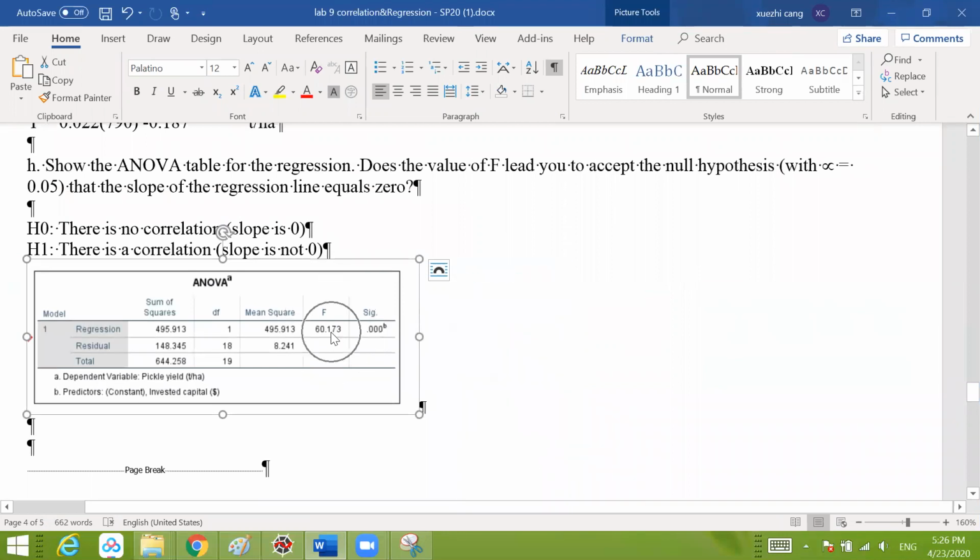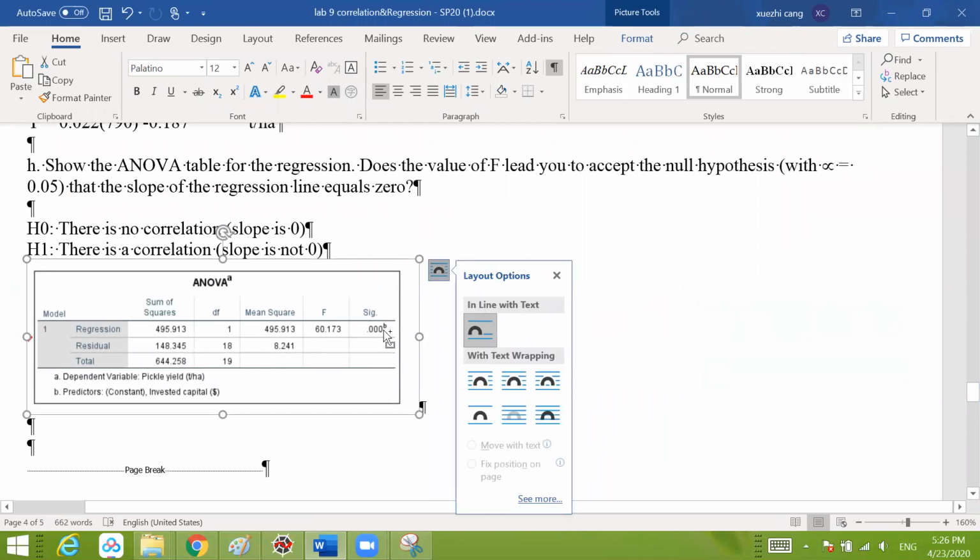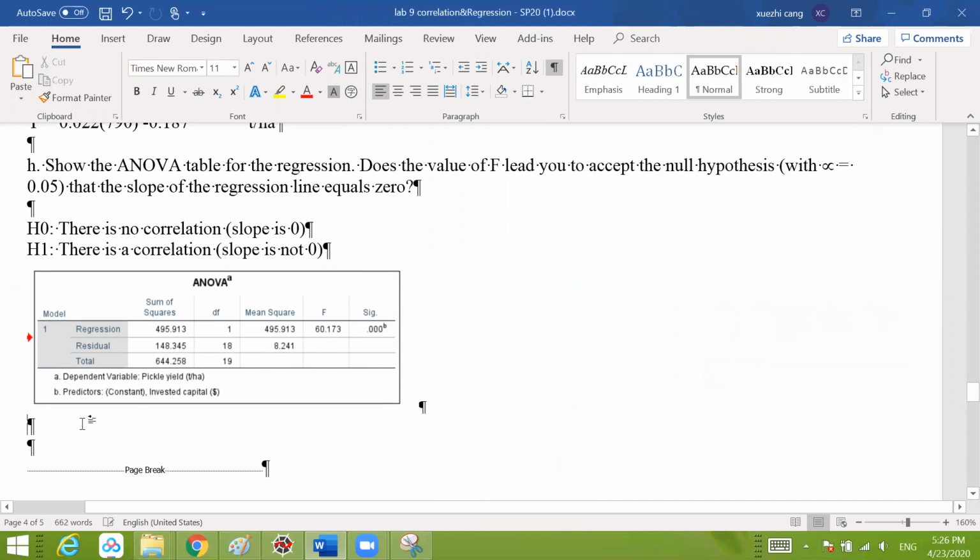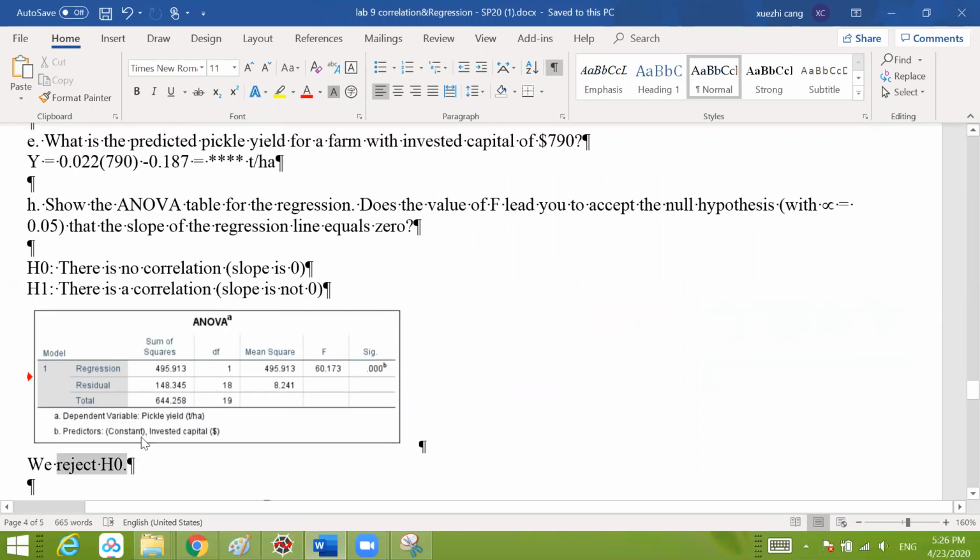From this table, we find the significance level is much smaller than 0.05. Then we reject the null hypothesis. Okay, so we reject the null hypothesis, which means the slope is not 0.